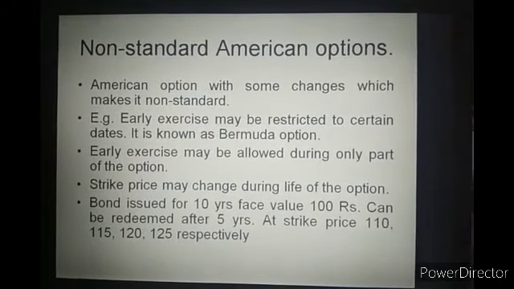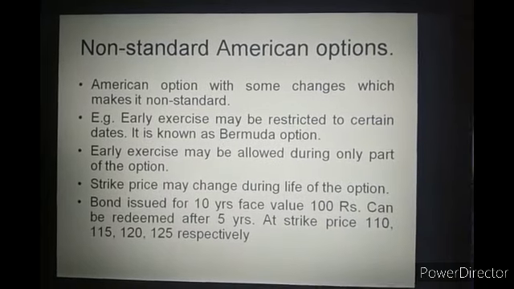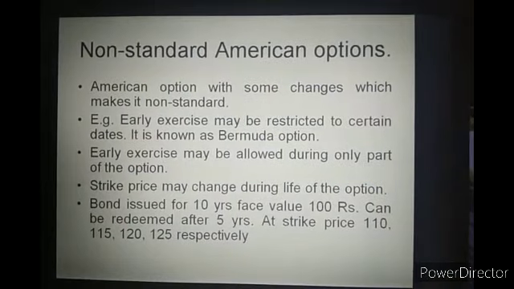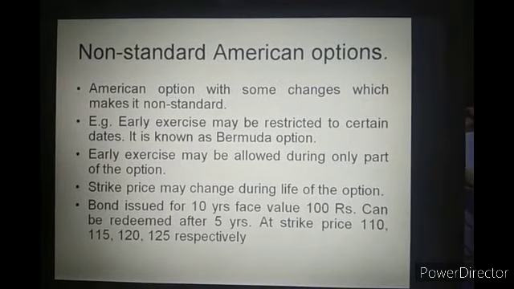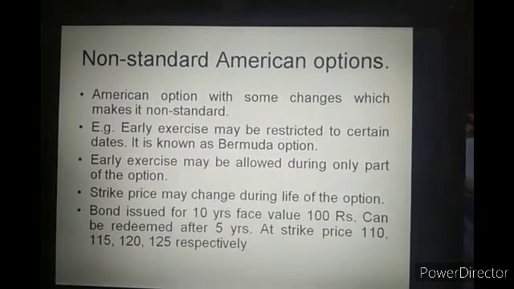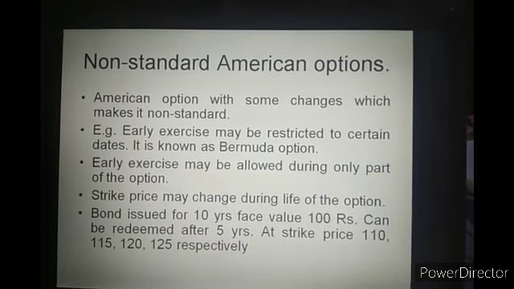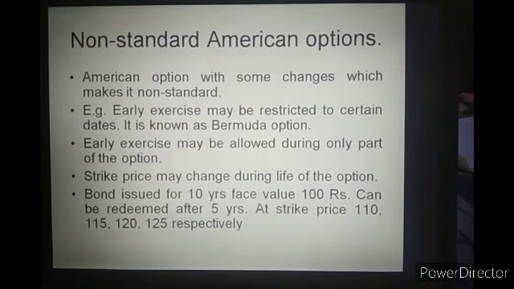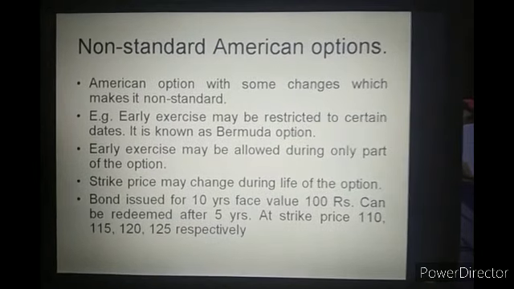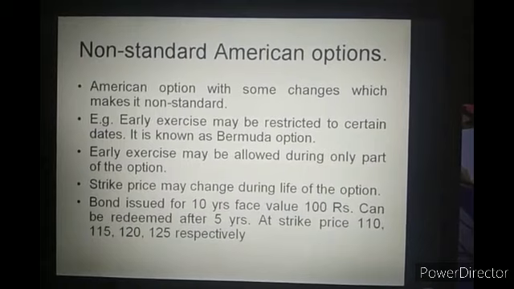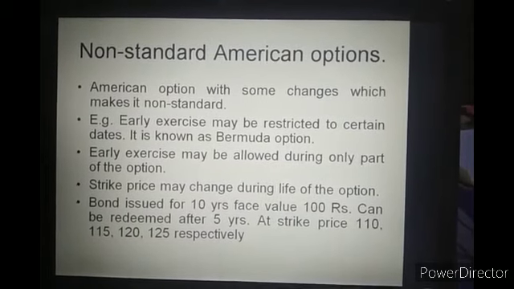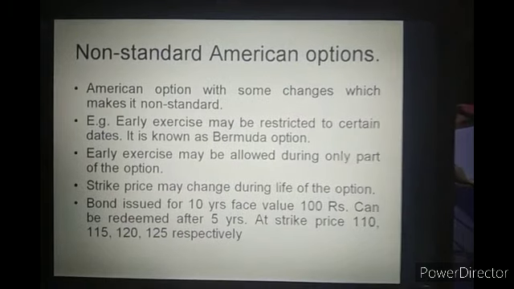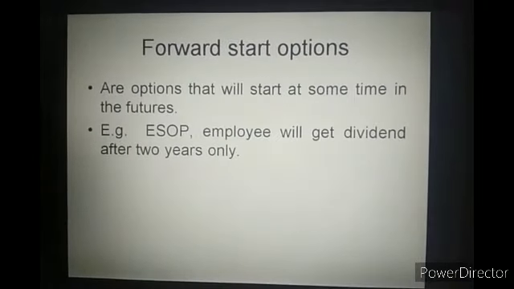Before 5 years it is similar to a European option, meaning you cannot redeem, but after 5 years you have different strike prices. Suppose in the 6th year you can redeem at 110, in the 7th year at 115, then 120, 125, like this. So this becomes your American option. Here you find both characteristics: for 5 years it is a European option and then it is converted into an American option. So this is a non-standard American option.